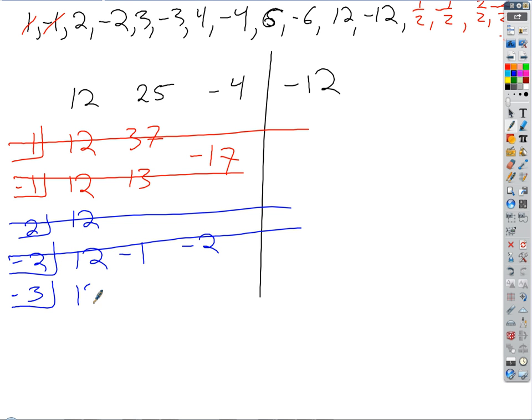So we'll bring down the 12. 12 times -3 is -36, plus 25 is -11. Wow, that's not going to work either, is it? What's going on here? So -3 times -11 is 33 plus, so that's not working. Do -6, you think, huh? Yeah. All right, we'll try it.